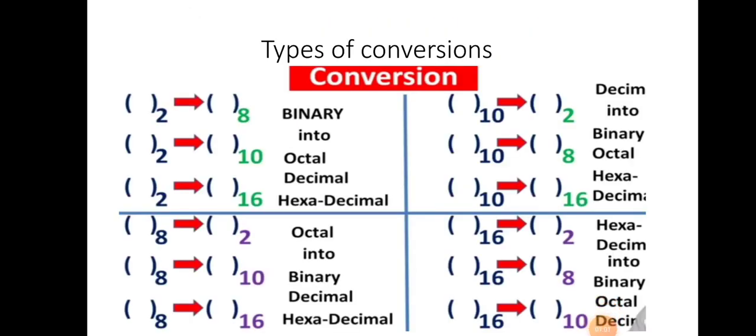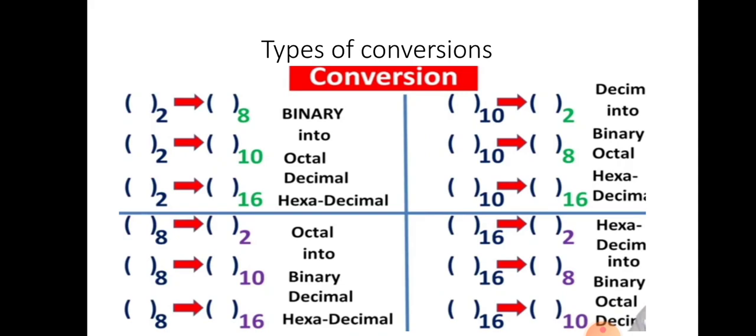So before going ahead, we will have an overlook of what we have seen in the previous lectures. We have seen the different types of numbering systems. What are they? First one was the binary numbering system, which includes the two digits, that is 0 and 1. Then we have seen the octal numbering system, which uses the digits from 0 to 7, that is total 8 digits.